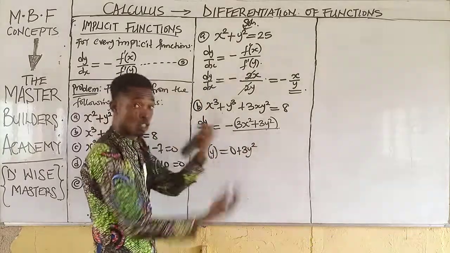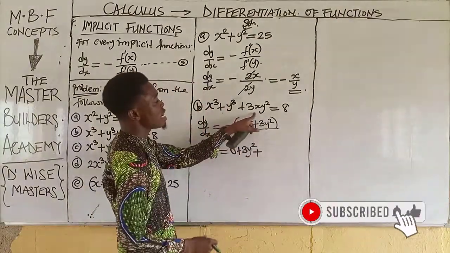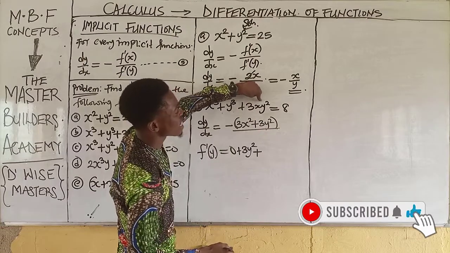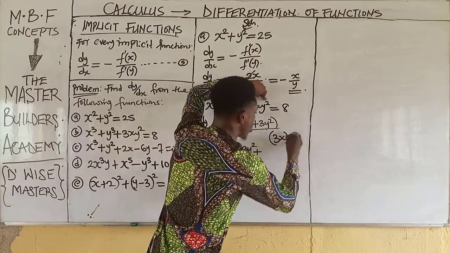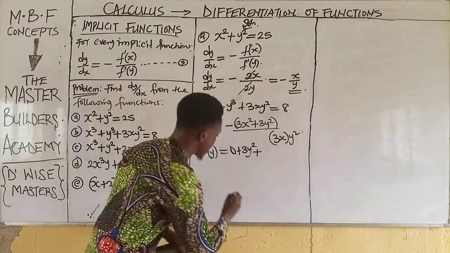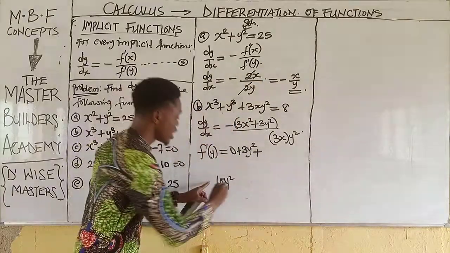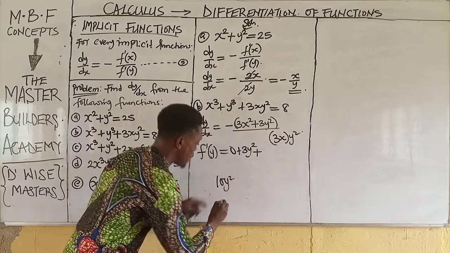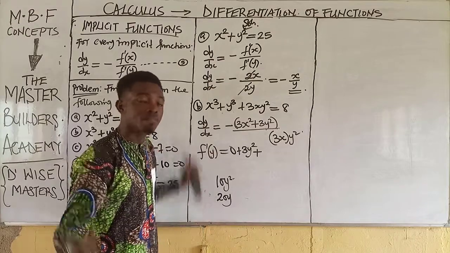Bring down the power, reduce the power by 1. Then plus. Now for this term, if you are differentiating with respect to y, that means 3x is the coefficient of y squared. And understand that if I have 10y squared, for instance, this will have given me the power multiplied by this, and this will give us 20y. Is that correct? That's it.